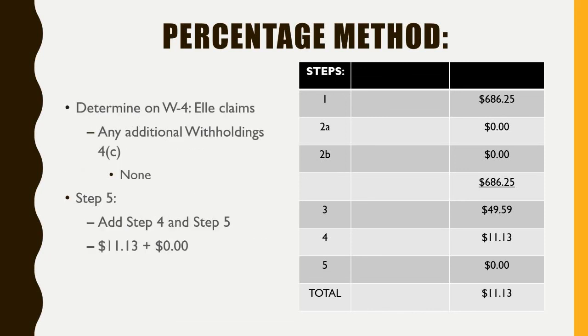Then lastly, step 5 is if you have on your W form, are you claiming any other extra withholdings or other extra deductions? Right here, there's no extra withholdings, so in this case, that's 0. So the total amount of federal income tax withholding is $11.13. Okay.